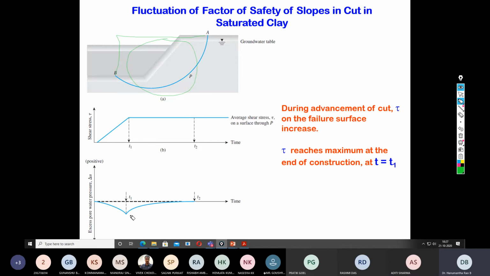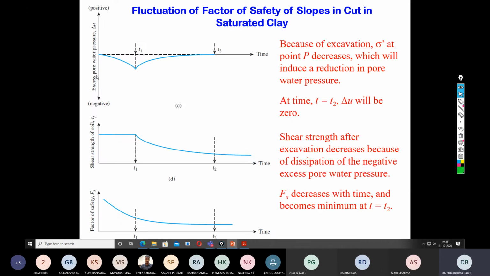As you remove the load, the pore water pressure becomes negative. It becomes maximum negative when you cut to the lowest depth. Then once you leave it, it allows dewatering or expulsion of water, and thereby the excess pore water pressure again reaches zero, the initial condition.